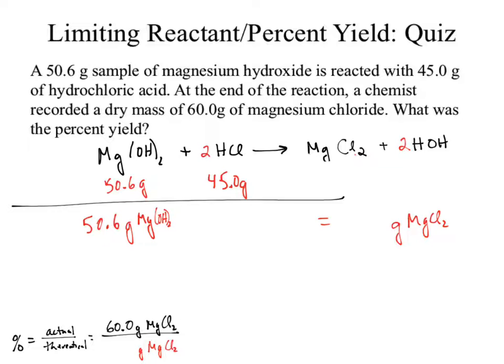Is grams of magnesium hydroxide the same thing as magnesium chloride? No. So I need to do a conversion factor. I need to convert substances. How do I convert substances? We will need grams to moles, yes. But how do I convert the substance?